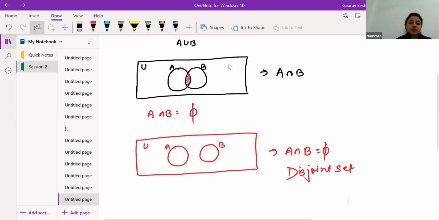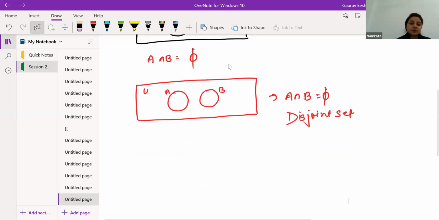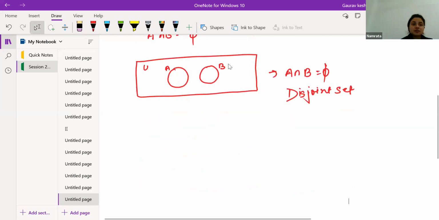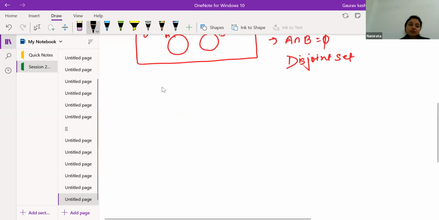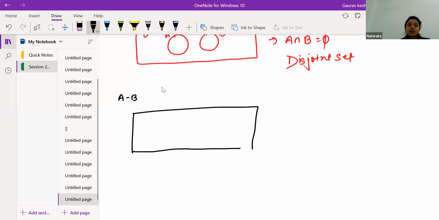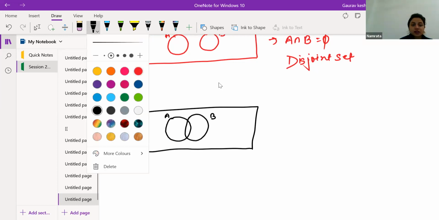Now, if we have to represent in Venn diagram the difference of two sets, so if we have to represent A minus B by using Venn diagram, here we will have the universal set. We will be having set A. We will be having set B. And what's the meaning of the difference A minus B? Can you tell me? Yes, Lina.